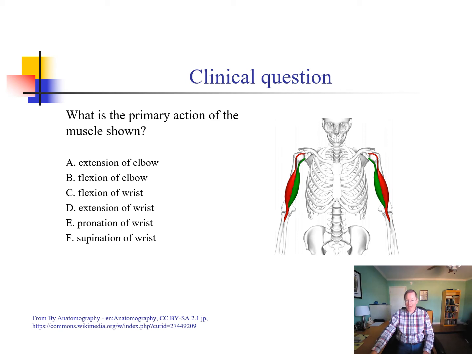So all that means is that all of these things cannot possibly be the case. Now, if it's on the front side and the muscle shortens, that motion is called flexion. That's right. So the biceps is a flexor of the elbow.